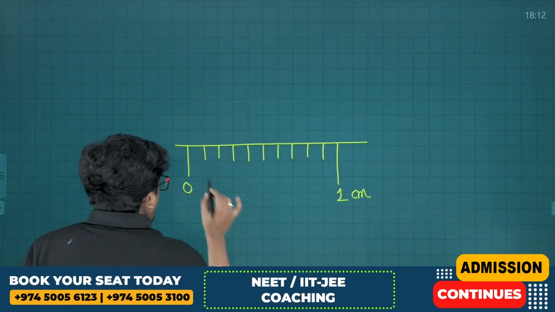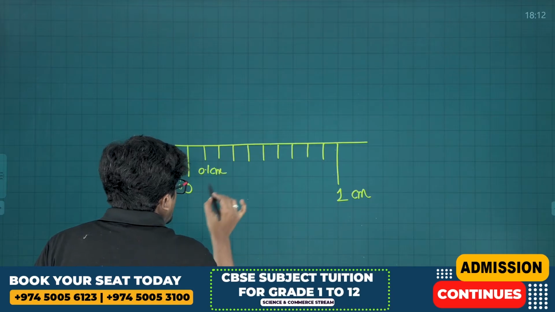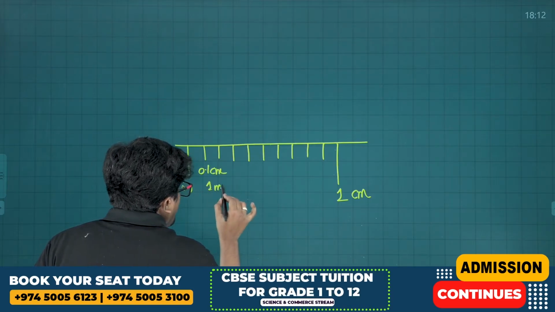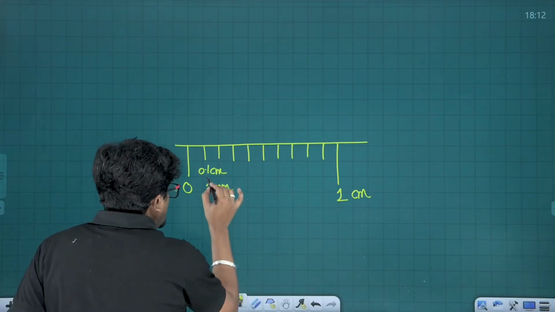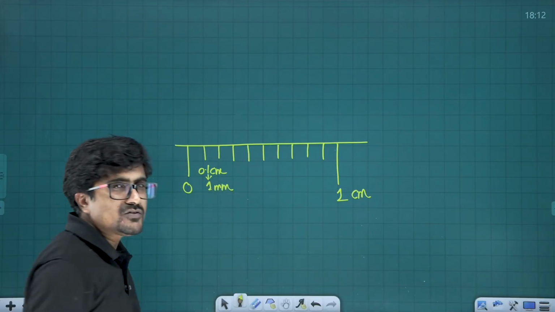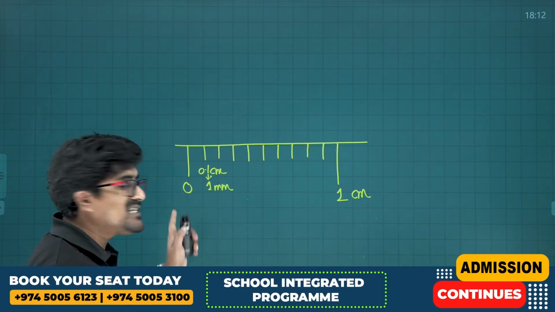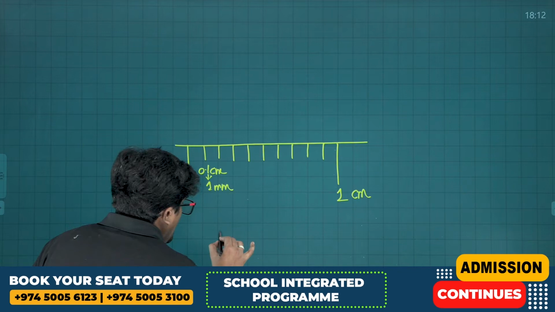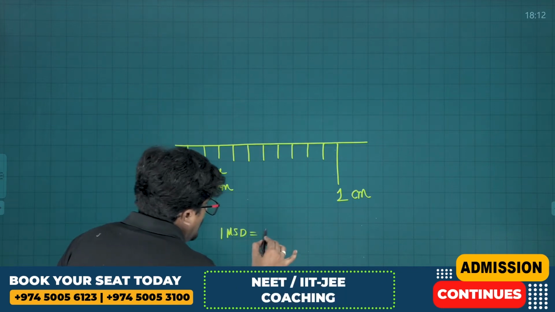Now what is this? Here this is 0.1 centimeter, or I can say it is 1 millimeter. I repeat, 0.1 centimeter or 1 millimeter. So what's the least count here? Here the least count is 0.1 centimeter or 1 millimeter, or I can say 1 main scale division is equal to 1 mm.